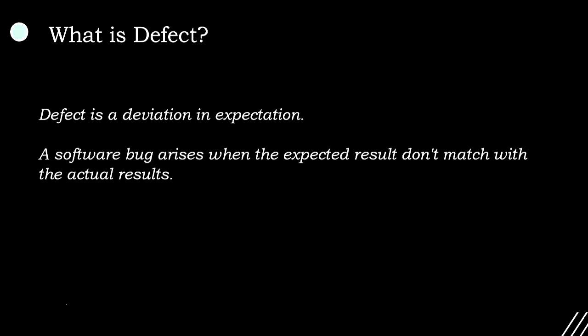In that case, if you find that some particular validation is missing, suppose even if you enter a wrong email address, the system is accepting, which is not actually as per the requirement, and also analytically it is completely a wrong thing, right? So that is where the defect comes into picture. Then you will raise it as a defect, and then the defect will undergo a certain number of stages. Okay, so defect is nothing but a deviation in the expectation.